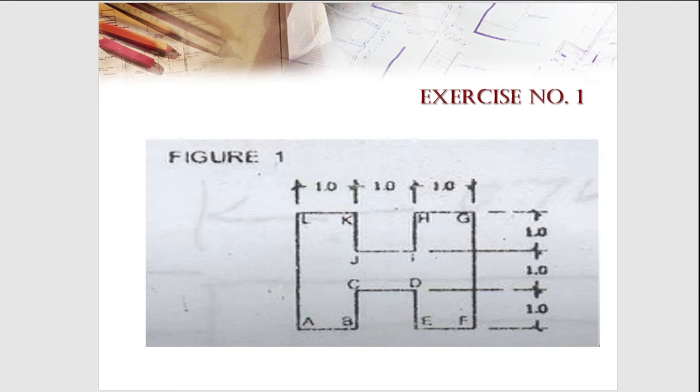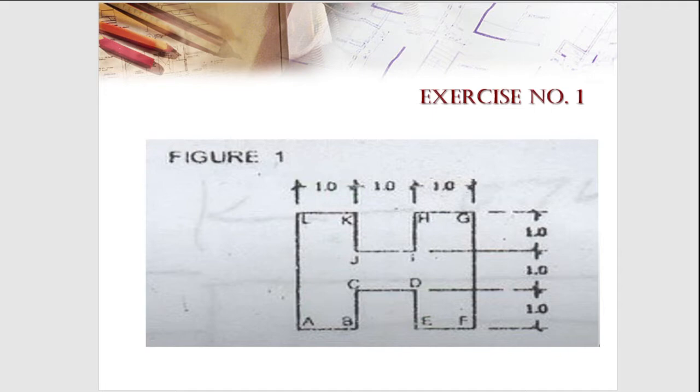Okay, we have exercise number 1, figure 1. It looks like the letter H. Let's assume that our first point, point A, is at 1,10.